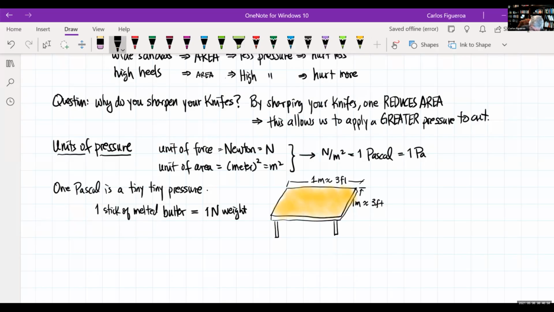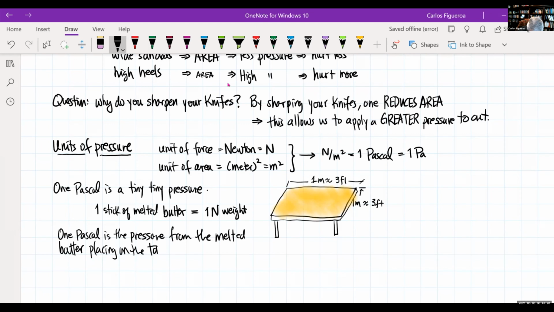So 1 Pascal is the pressure from the melted butter placing its weight on the table.